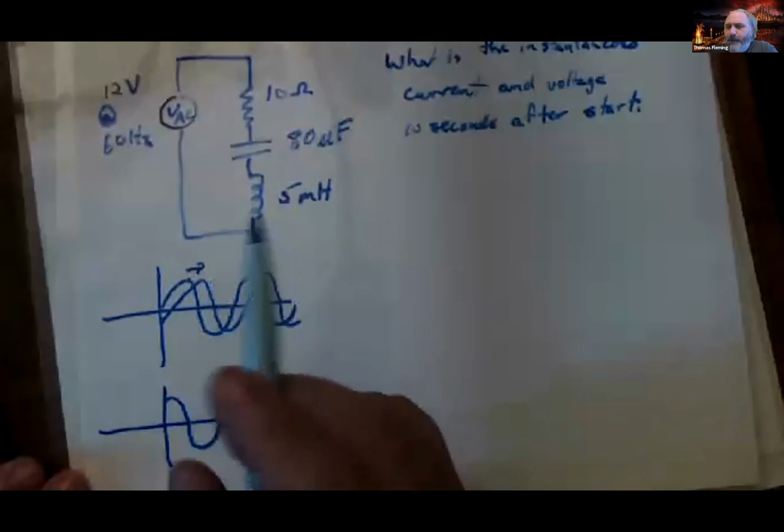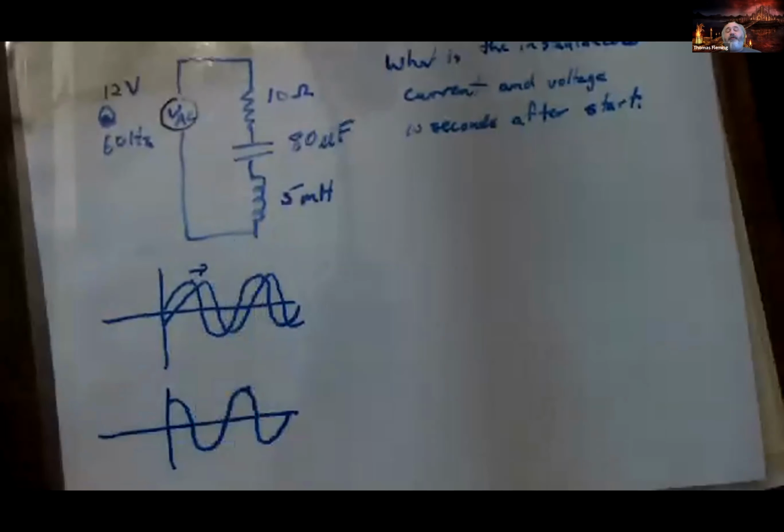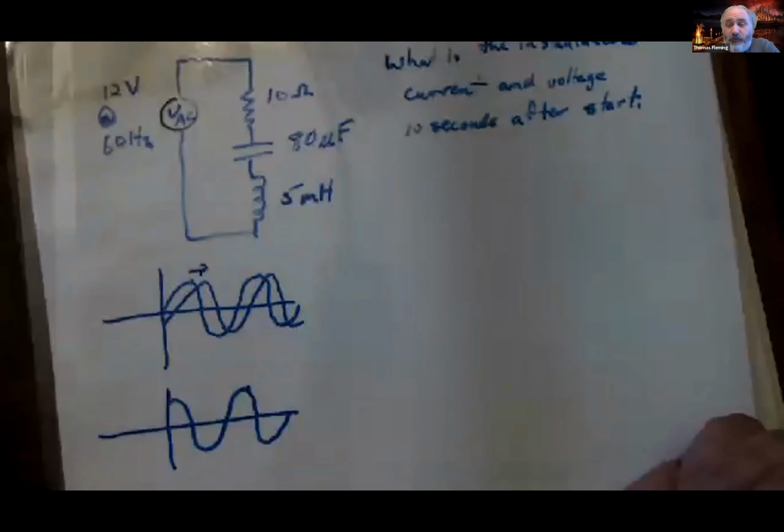So oftentimes what's important is you've got to specify something about your initial conditions in your circuit. And traditionally, what typically happens is you start your timer, you start your stopwatch in such a way that the current is equal to 0 at the moment that you start.